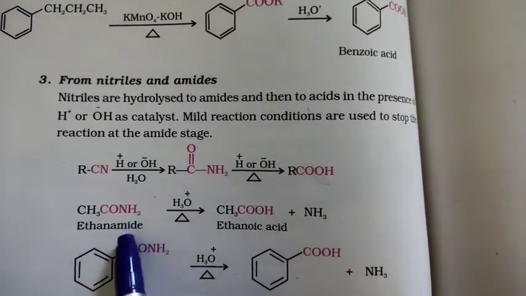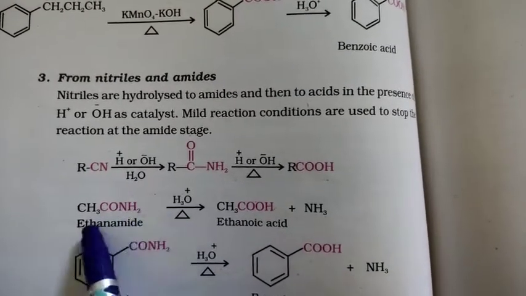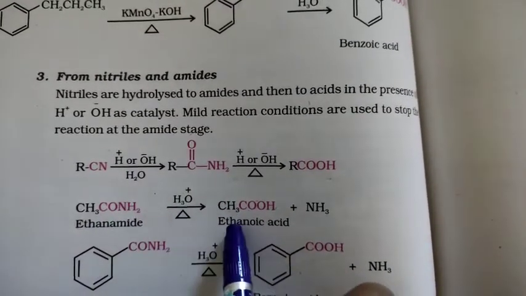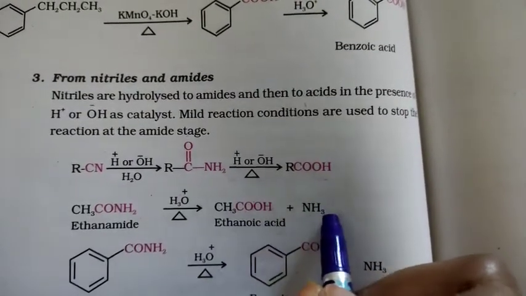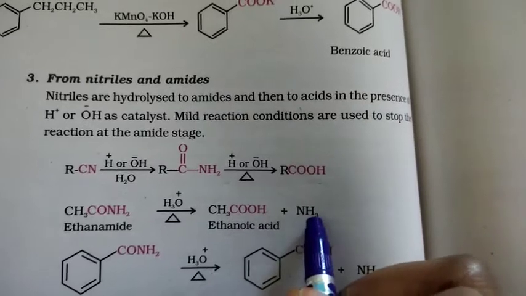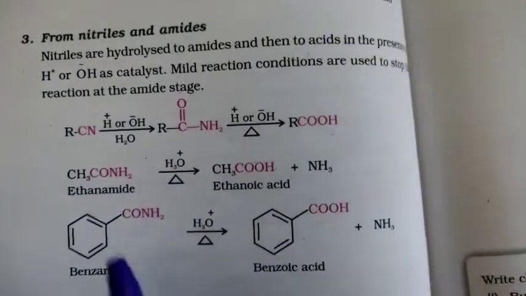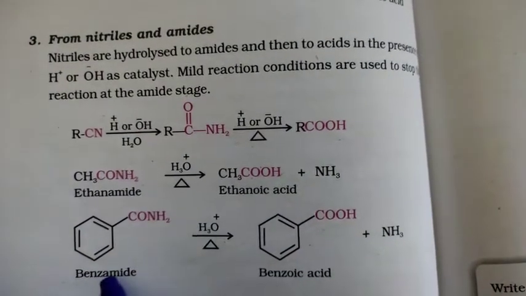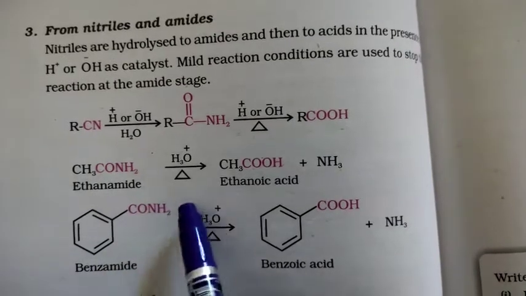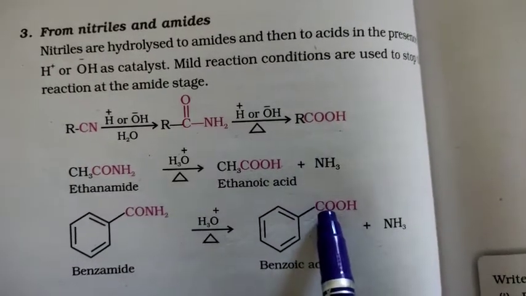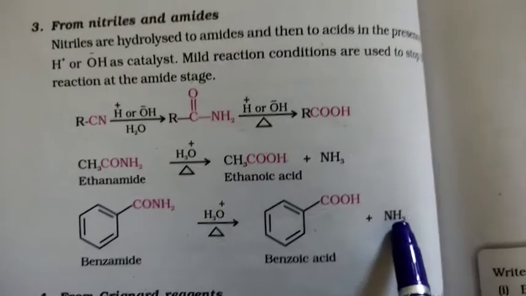Here we will take the amide directly, C double bond O NH2, ethanamide, and it is converted into ethanoic acid plus NH3. Even if you don't write the byproduct, it's okay, but this is important. Here also the amide is converted into benzoic acid: C double bond O NH2 is converted into C double bond O OH plus NH3.